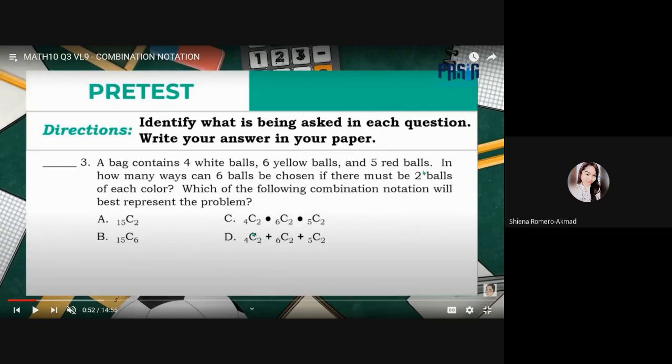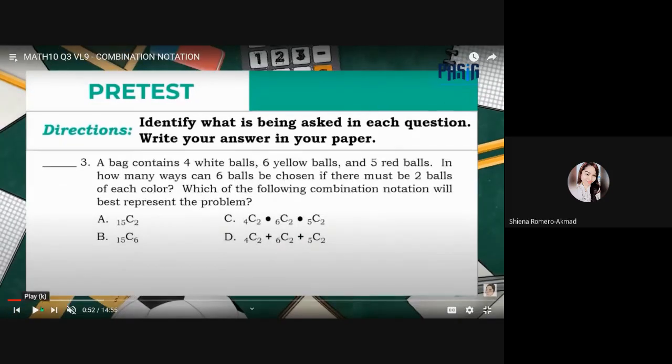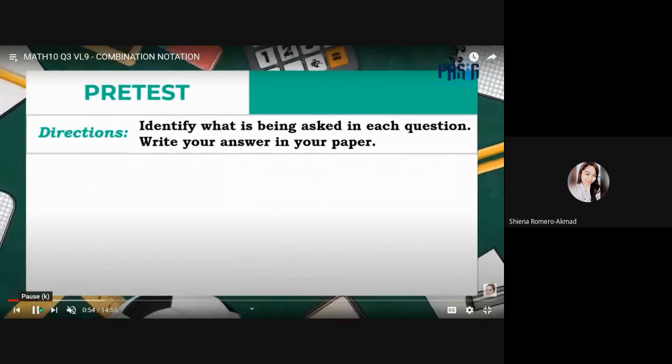When we say satisfy the given scenario, pwedeng ito yung mangyari, pwedeng ito, pwedeng ito. Yun ang ibig sabihin nun. Hindi tulad sa letter C, lahat sila mangyayari at the same time. So later, I'll give you more examples para mas maintindihan nyo yung ibig sabihin ng sinasabi ko. So for number 3, the answer is letter C.